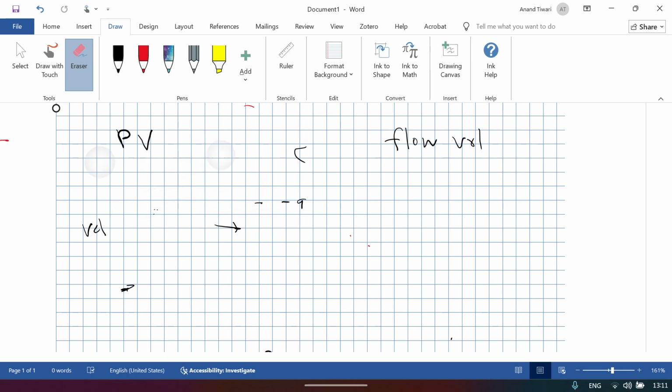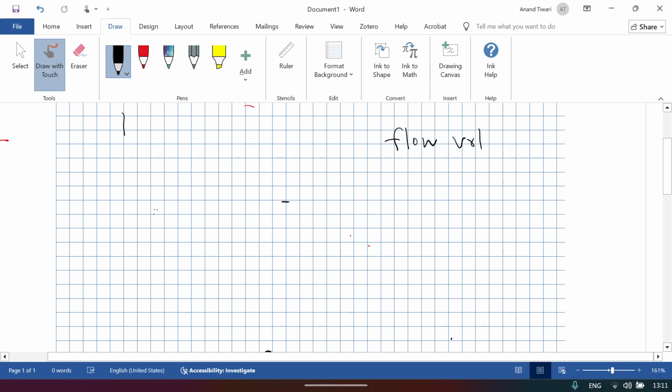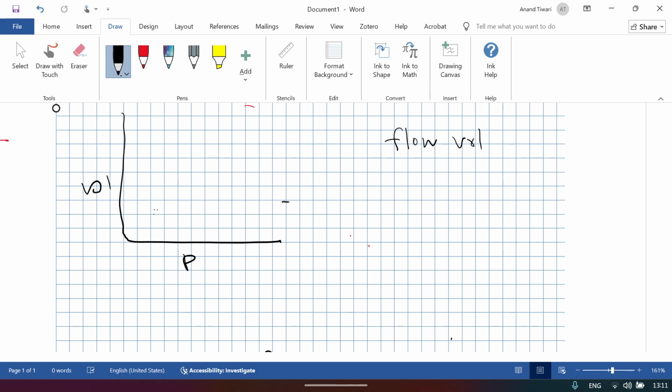Another important compliance problem you see in the pressure-volume loop is the shift of the loop. So if I draw this loop here, this is pressure, volume, and this is inspiration, expiration.